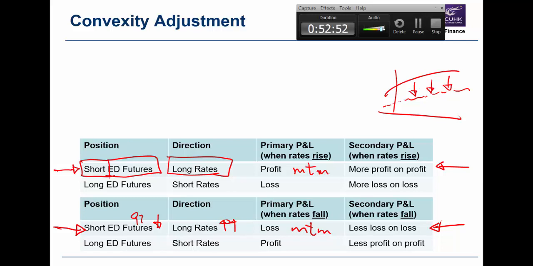Or you can say you are short rates, so you expect rates to go down, okay? But you get it wrong, rates go up. So you have a mark-to-market loss. Guess what? You need to borrow money, and you need to borrow more because interest rates have now gone up. So you have more loss on loss. And on the other side, you have less profit on profit. You know what I'm saying? Yeah?